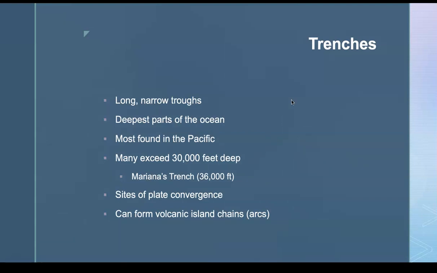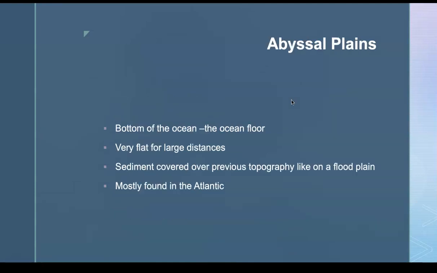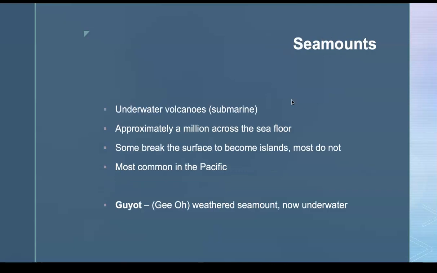They are sites where plates are coming together. We do have plains. They call them the abyssal plains. This is where our word abysmal comes from. Seamounts are underwater volcanoes. 1 million of them across the ocean floor. Can you believe that? Sometimes they come to the surface and become islands. Mostly they don't. We don't have 1 million islands out there.